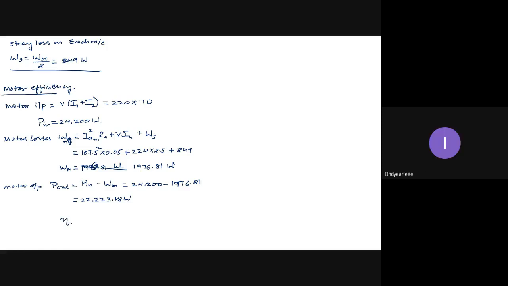Therefore, efficiency is Pout by Pin. That is equal to 91.83%.